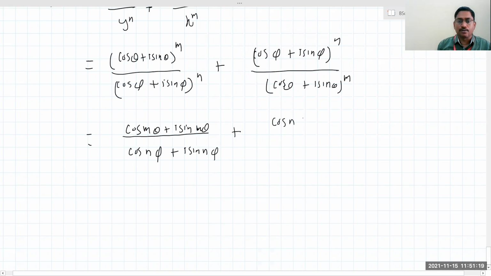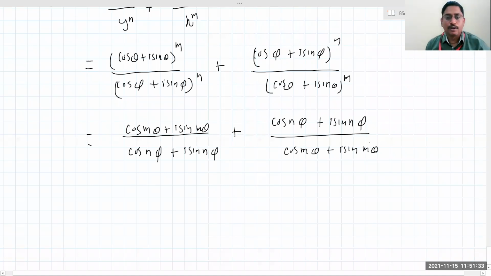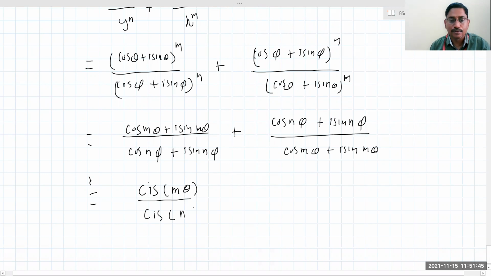Let me write this in cis form. So the numerator is cis of m theta and the denominator is cis of n phi.